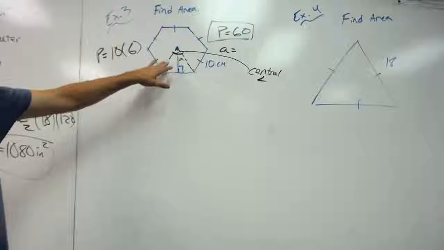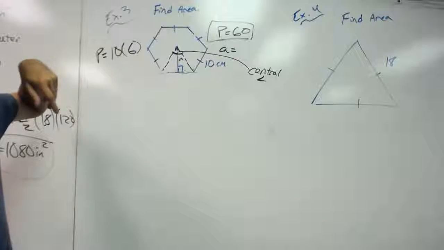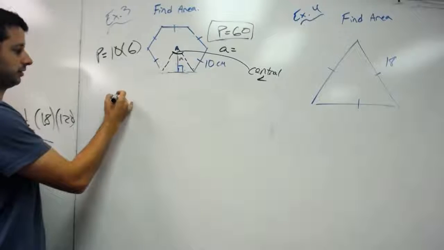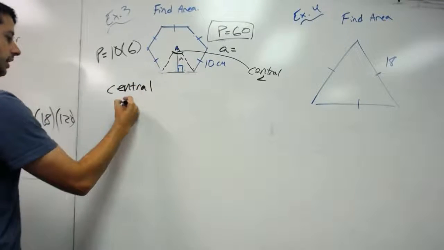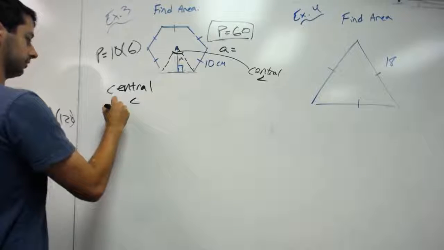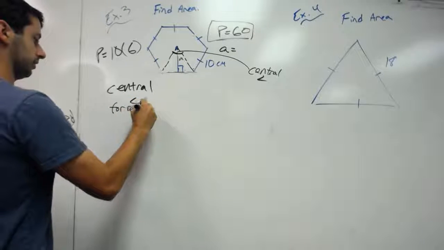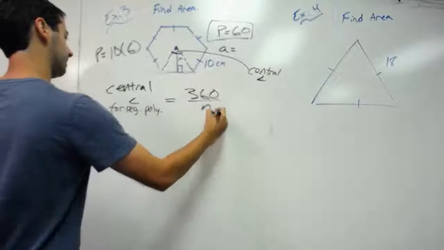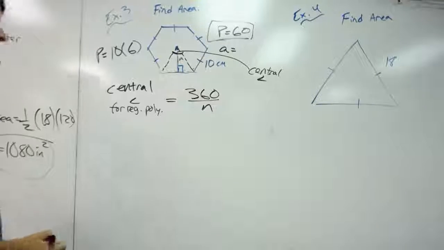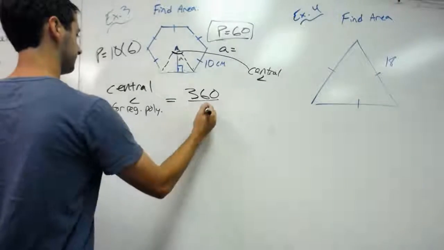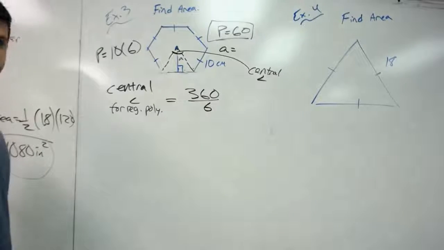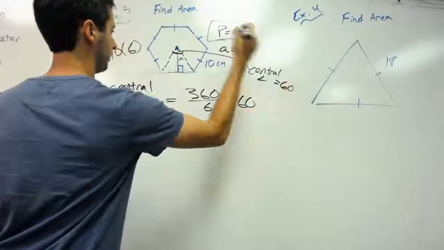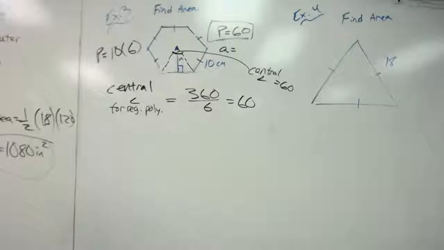We know that all central angles are congruent, and back in investigation 3, way long ago, to find a central angle in a regular polygon, we used the formula of 360 divided by the number of sides. Well, the number of sides here is 6, so 360 divided by 6 is 60. Thus, our central angle is 60.